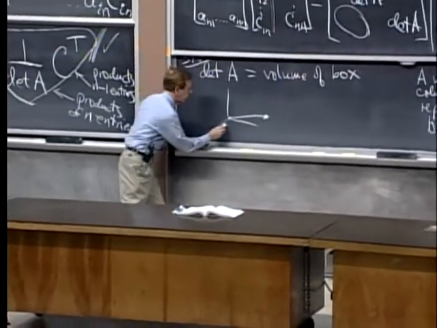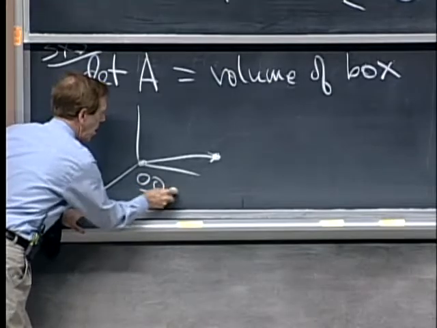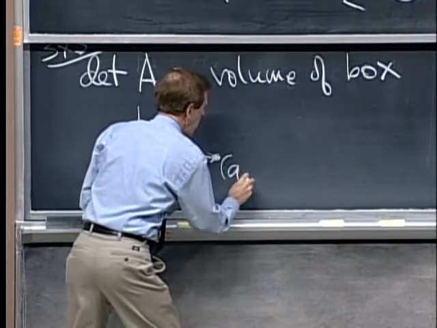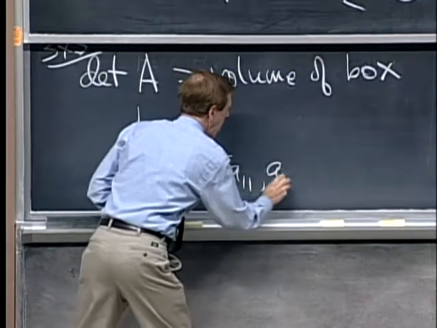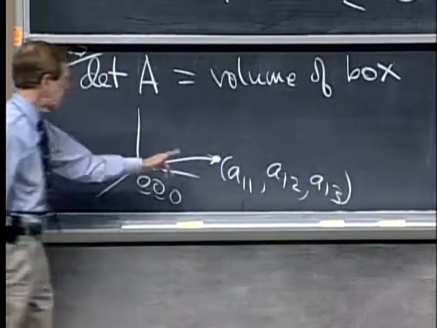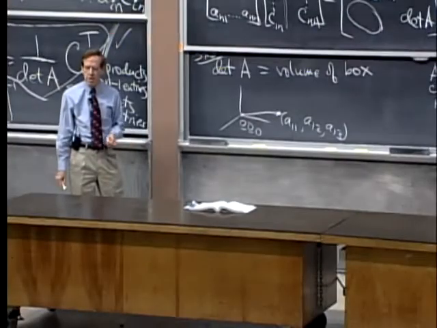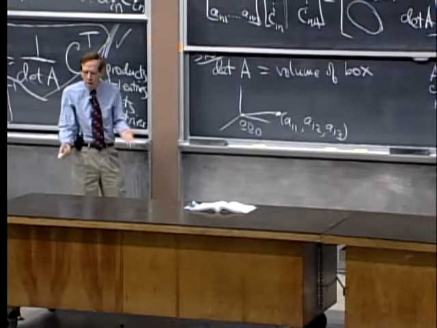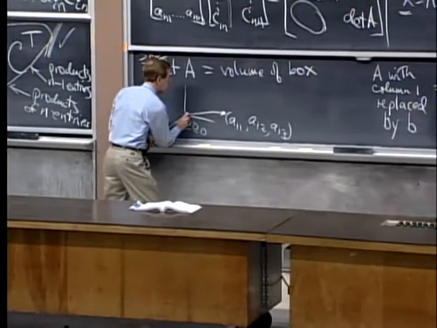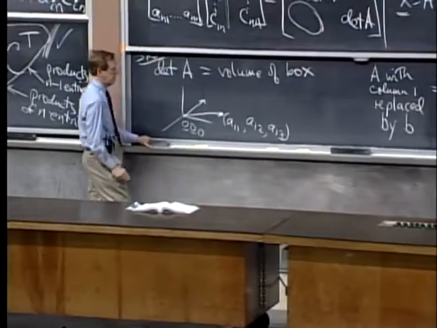So here's 0, 0, 0, of course. And here's the first row of the matrix, A11, A12, A13. So that's one edge of the box. Another edge of the box is given by the second row of the matrix, row 2.